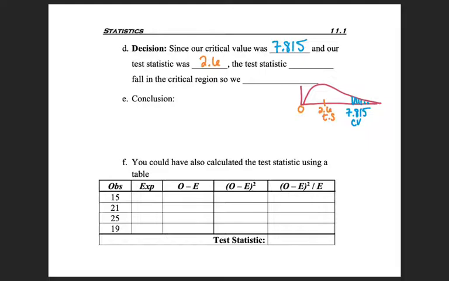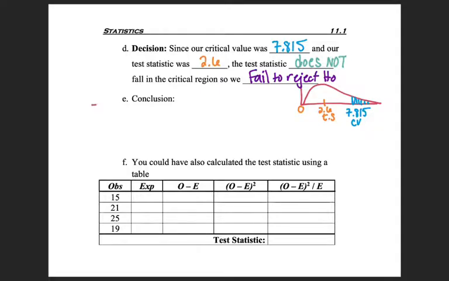And so the test statistic does what? It does not fall in the critical region, so we fail to reject H naught. Now, we'd already decided that H naught was the claim because it said test the claim that birthdays come from a uniform distribution. That was equality, which is H naught. We just said we failed to reject that.